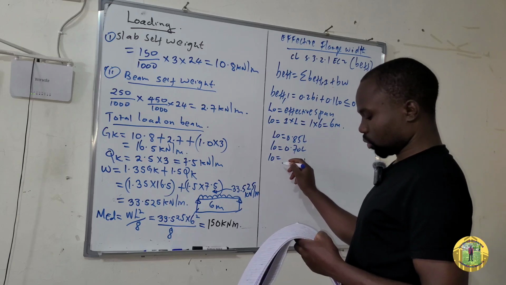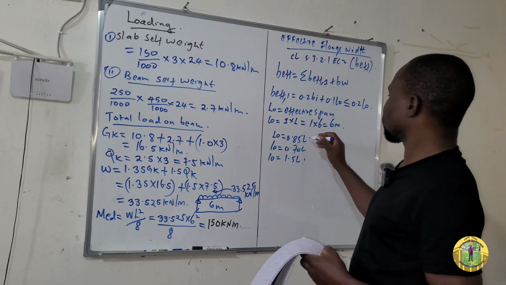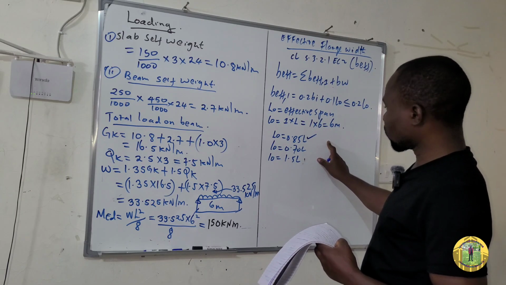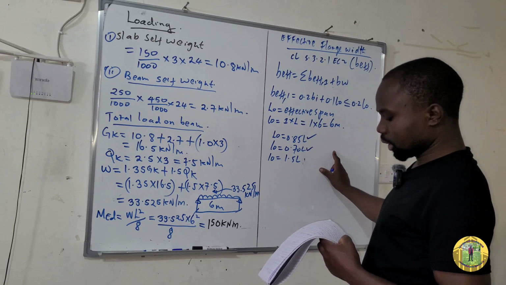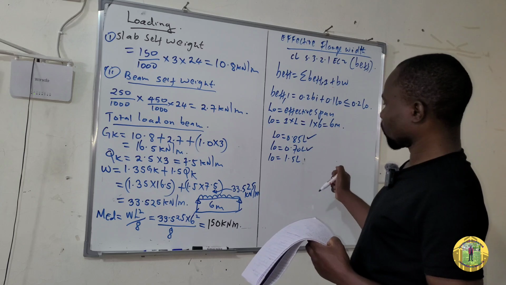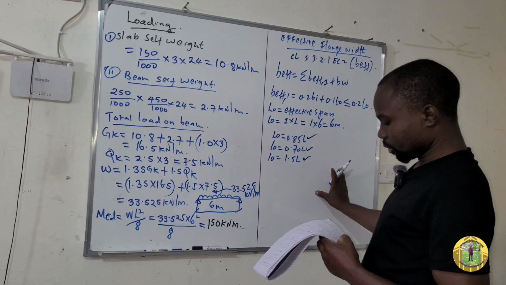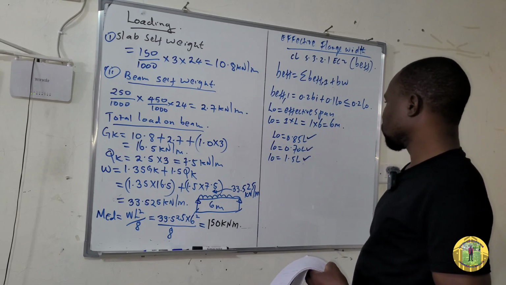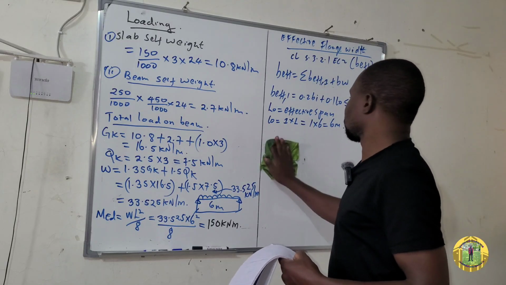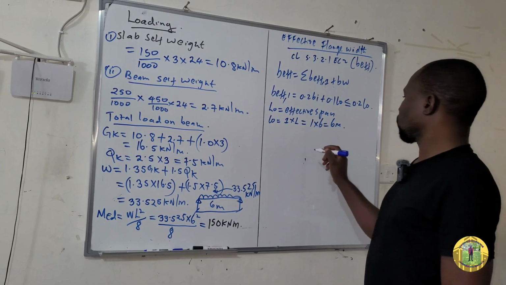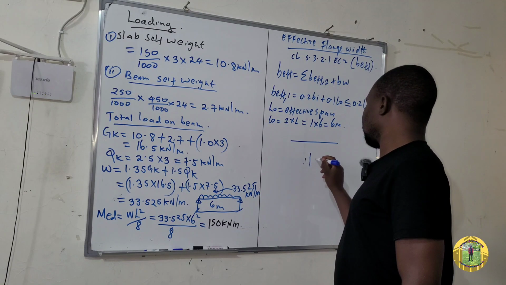L0 is equal to 1.5 L. So this is for the end of a continuous beam, this one is for the interior span of a continuous beam, and this one is for the cantilever beam. So like that. If we can go back to our sketch, this is our sketch.